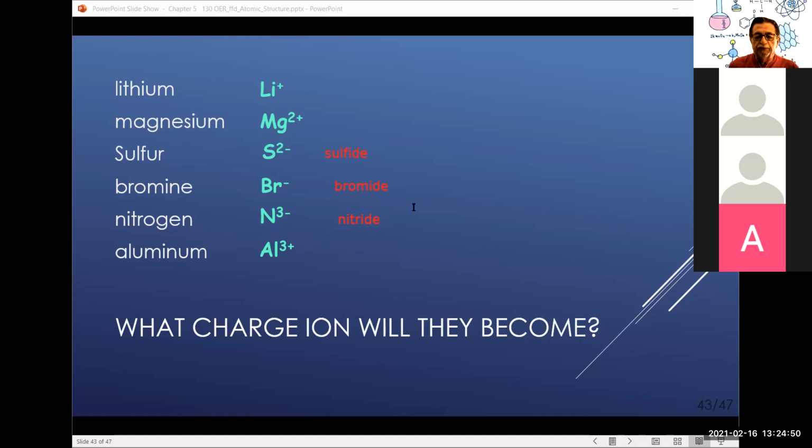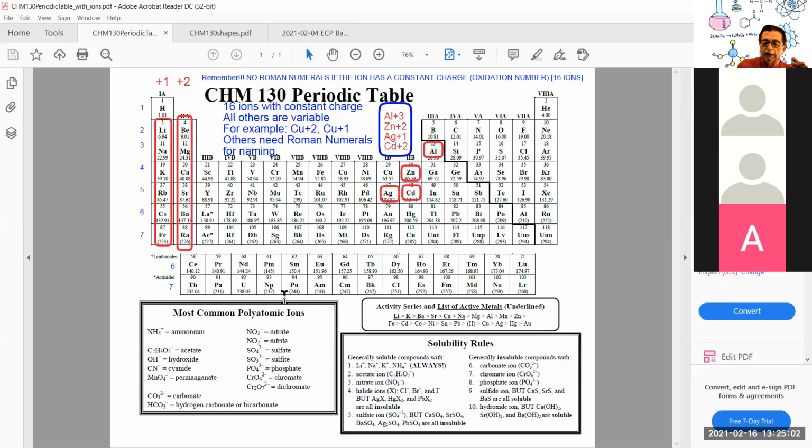Now, not to be confused, notice this is sulfide. Down the road, when we start talking about what are called polyatomic ions, we kind of introduced them a little bit, but on the far left here, you can see SO4 -2, SO3 -2.